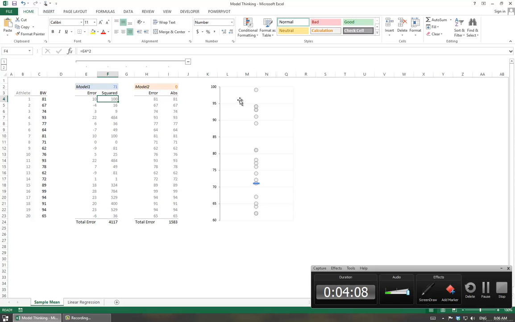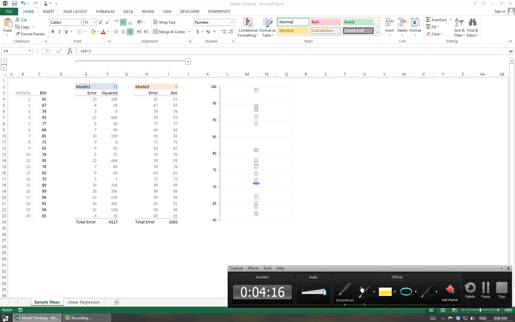And also we penalize the dots or outliers that are far away from the model, because this distance d is squared. Hopefully that's understandable.